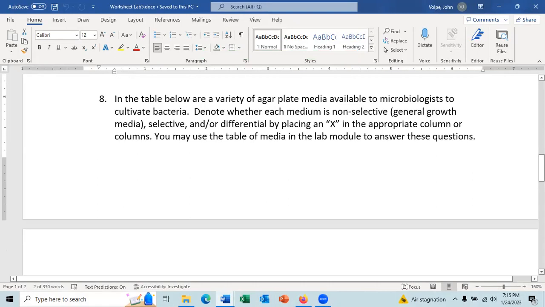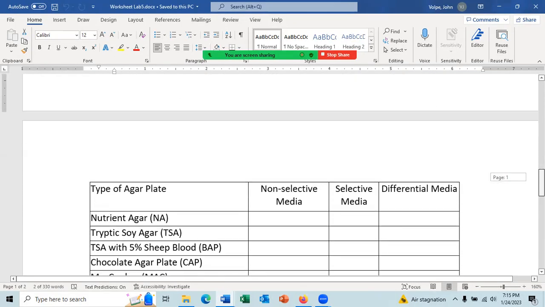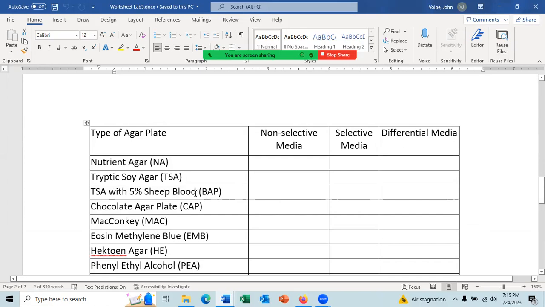You may use the table of media in the lab module to answer these questions. So nutrient agar, if you think it's selective, put an X here. If you think it's differential, put an X here. If you think it's non-selective, put an X there. And do that for each of these different media. You can look in the lab module that tells you.